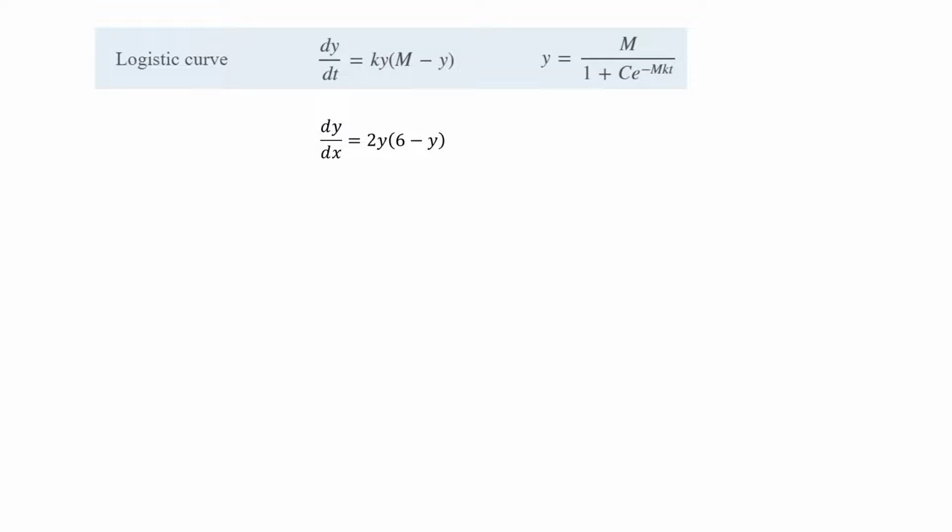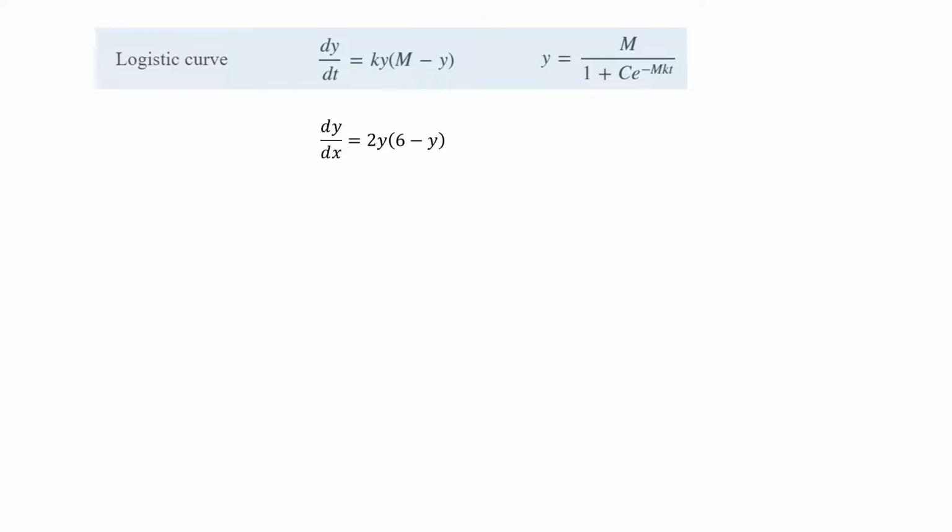And right now, we're just going to use the fact that someone has solved this differential equation generically for us. And so all we need to do, it's quite simple, is realize, oh, we're solving the logistic curve differential equation with k value of 2 and an m value of 6. And all we have to do now is plug in k equals 2 and m equals 6 into the solution that someone has cooked up for us.